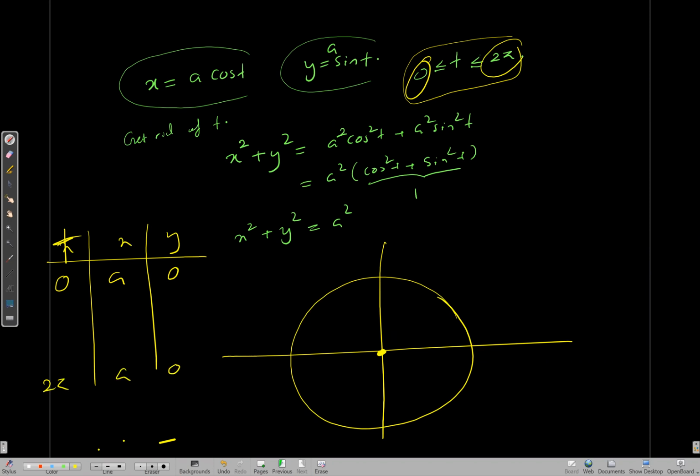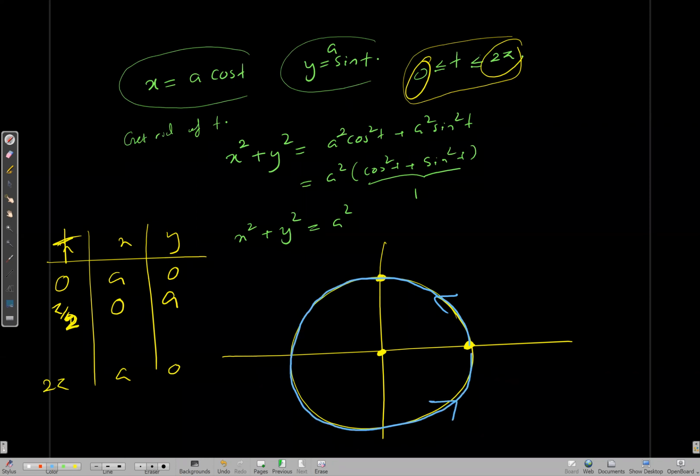And just to get the direction, where it starts and where it ends, let's take 90 degrees. Cosine 90 is 0, and sine 90 is 1. So we have this point. We start here and we end at the same place, and we are going in this direction. So we go here and come back.